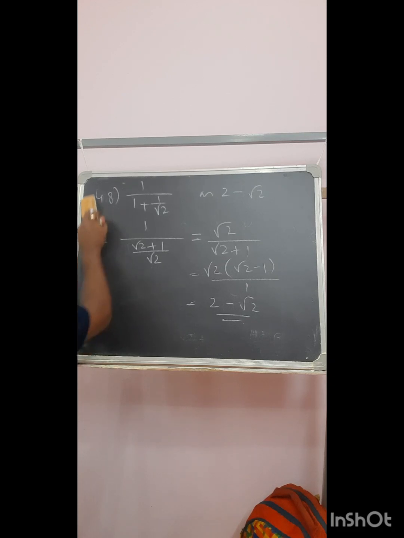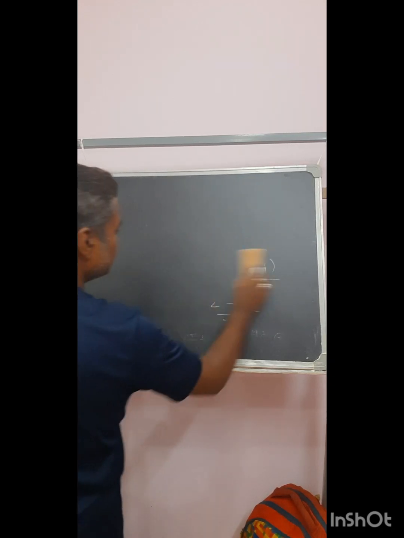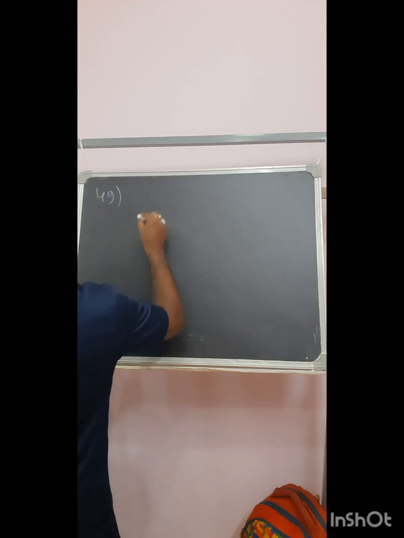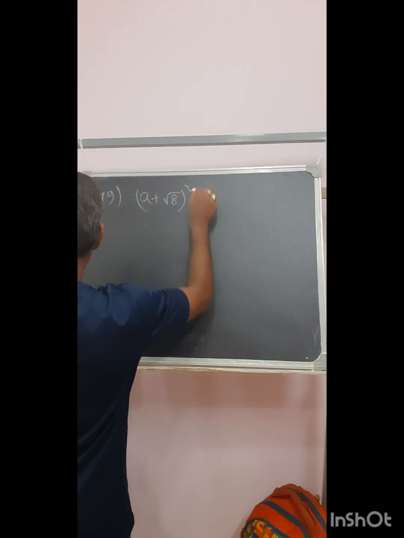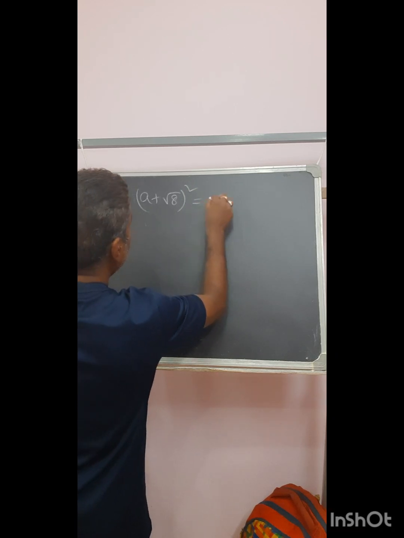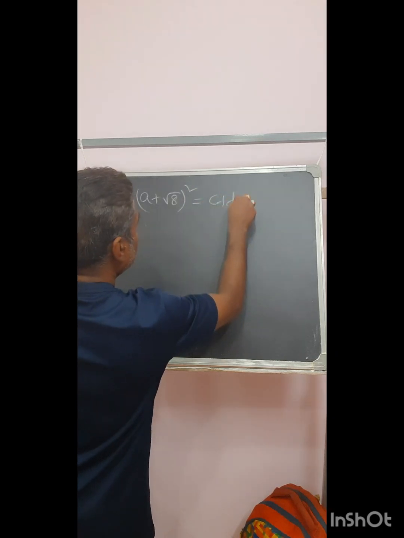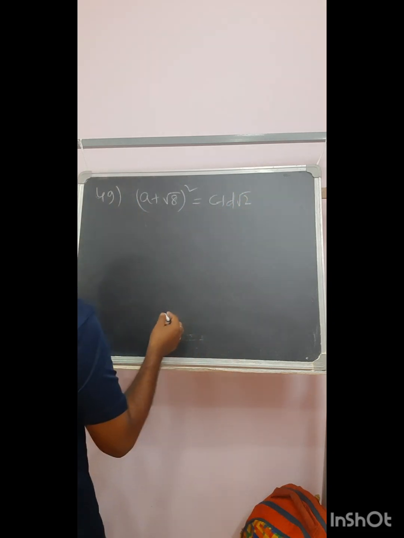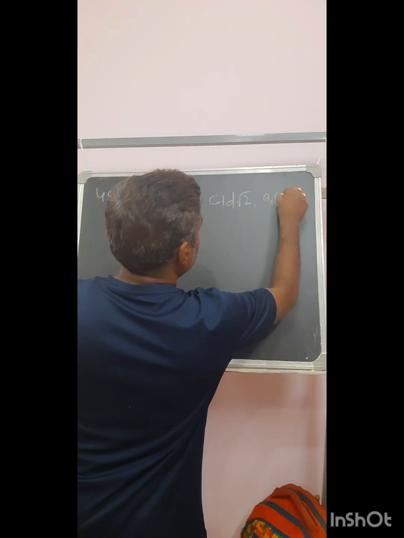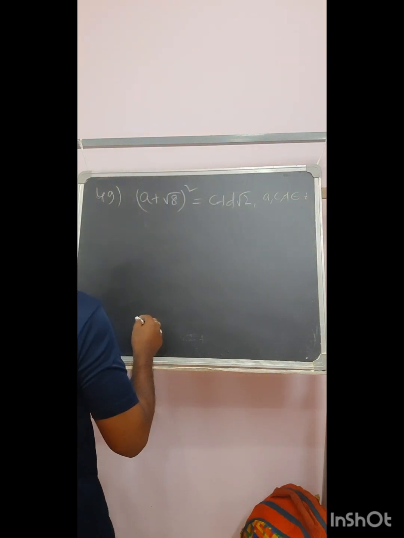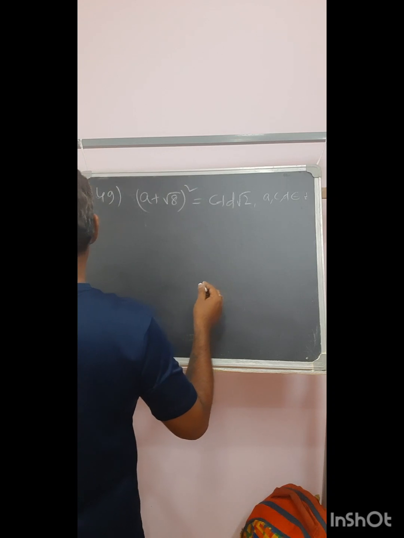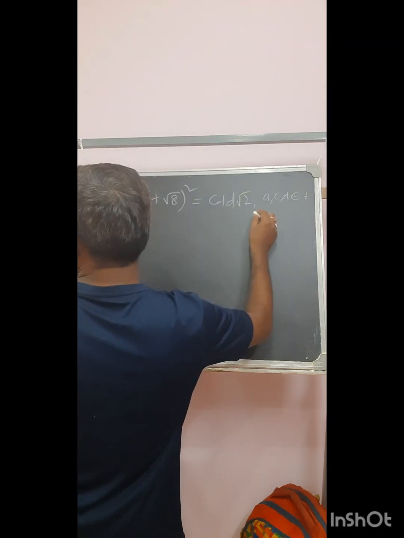Okay, so moving to 49. 49 says a plus root 8 whole square is written in the form of c plus d root 2, where a, c, d belong to integers, then find c and d in terms of a.